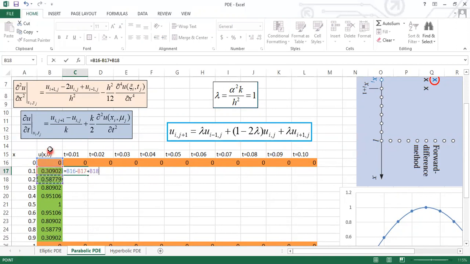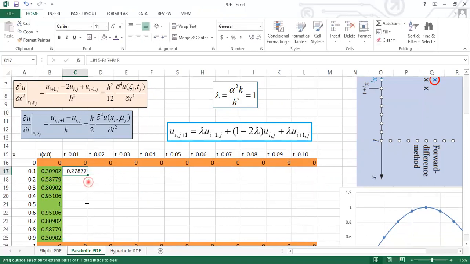Please note that the j step is the same. The x has two indices, u i, and the time index is j plus 1. So this expression would yield a value.